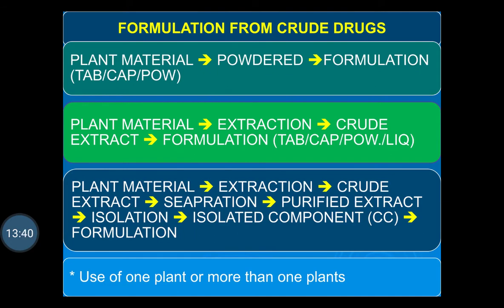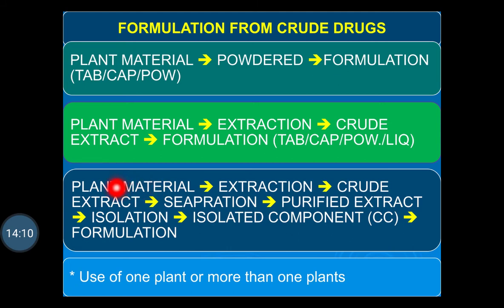Then for the formulation of any crude drug, you can take a plant material, powder it, and prepare the formulation in the form of a tablet or capsule or powder, or the plant material is taken, extracted by using a suitable solvent, you will obtain a crude extract, and from this crude extract you can prepare a formulation such as a tablet, capsule, or powder or a liquid dosage form can be prepared.